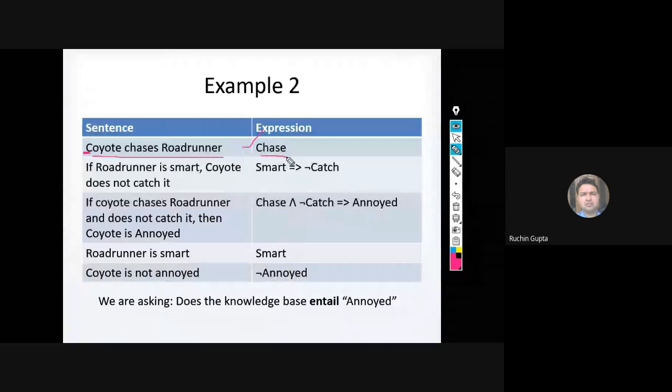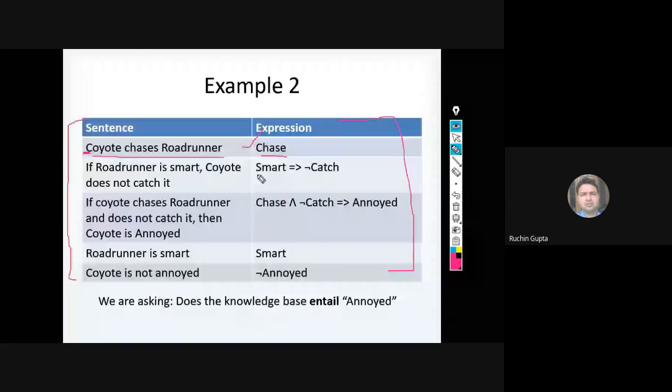All these are propositional statements, and all these are the facts. If roadrunner is smart, coyote does not catch it. I can represent it using propositional logic. Smart stands for roadrunner is smart, and does not catch stands for coyote does not catch it.